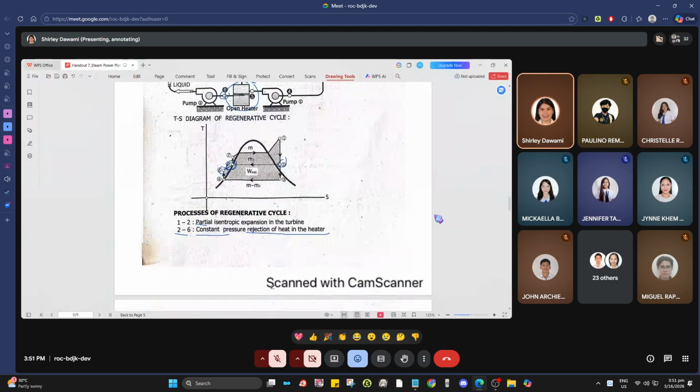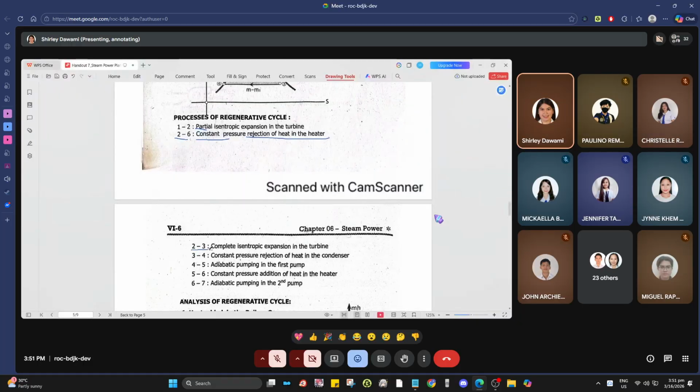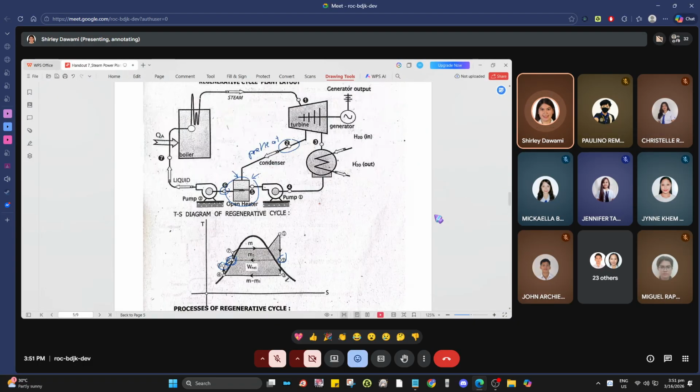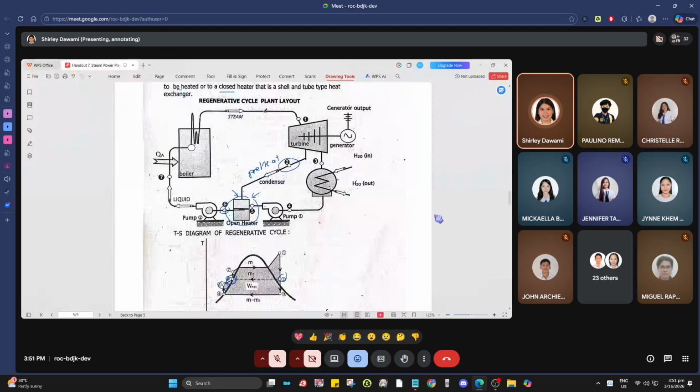Then next is 2 to 3. Let M be the mass of the steam.